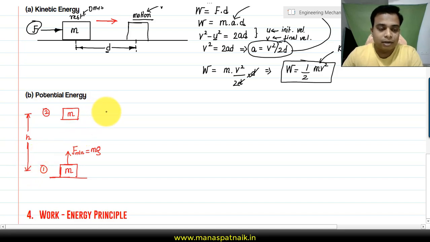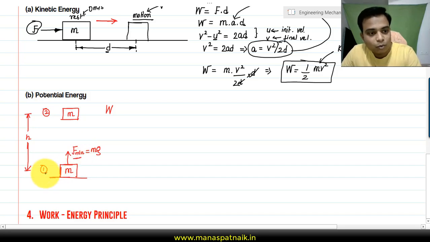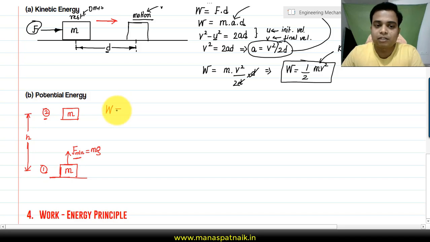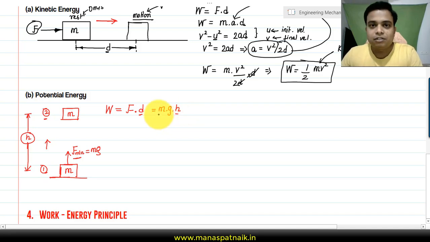The work done by this force to carry the block from position 1 to position 2 is force multiplied by displacement. The displacement has happened in the upward direction, and the amount of displacement is nothing but h. So F can be written as m times g, and this d can be written as h. That is the work done by this force F to carry the object from point 1 to point 2, and this by definition is nothing but the potential energy.